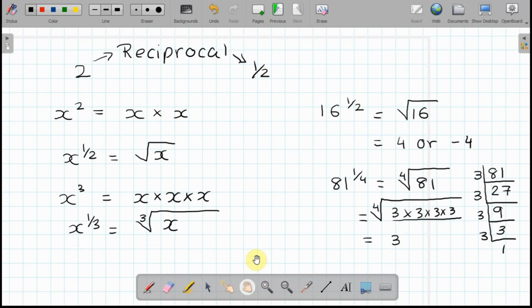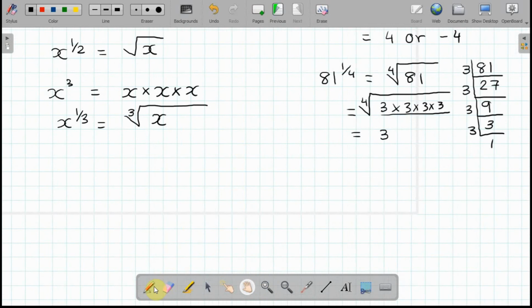Now we're gonna make it a little bit harder. So I have, let's say, 8 to the power 2/3. So the first thing I'm going to do is cube root the 8.